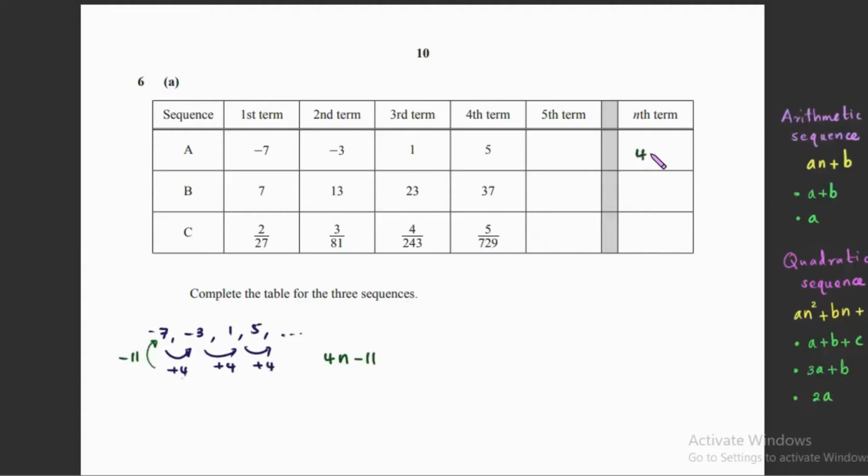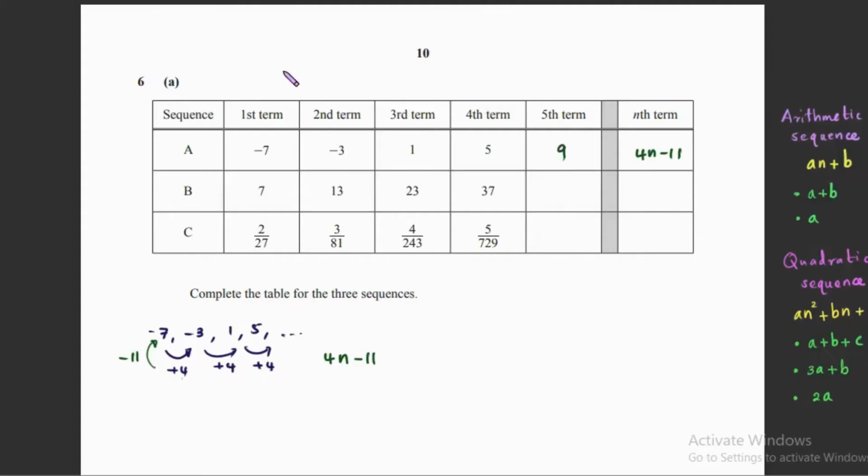That will be the nth term for this sequence, which is a linear arithmetic sequence. It increases by the same amount. Now we are also supposed to find the 5th term. That will be 4 more than this 5, so I need to add 4 to this 5, which will be 9.